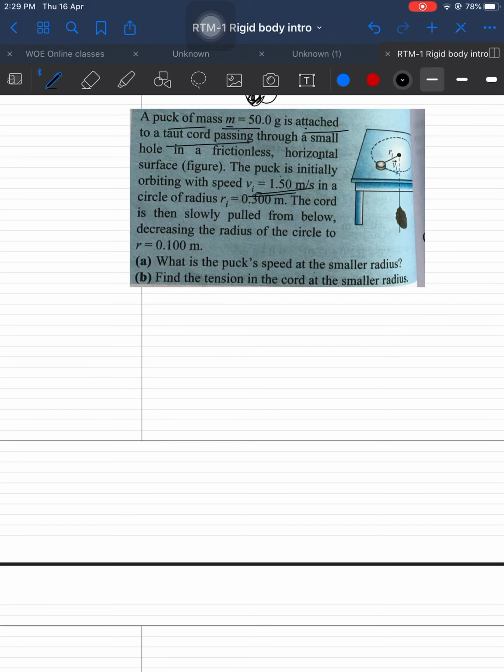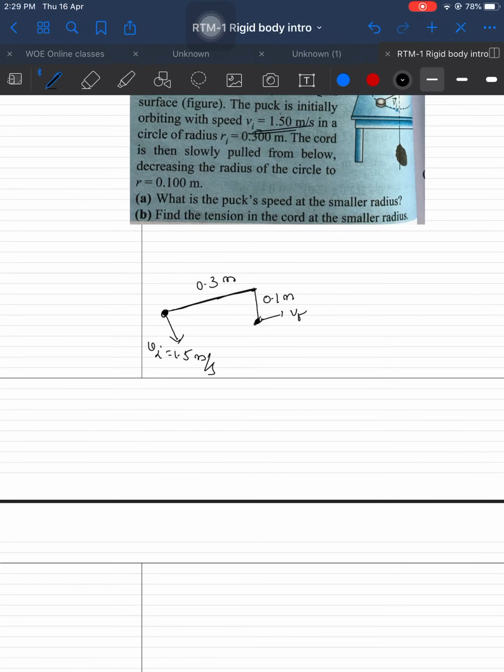When point masses are given, no need to worry about center of mass. vi is 1.5 meter per second, and the distance ri is 0.3 meters. Finally, because of pulling from downwards, it is reduced to 0.1 meter. What is the final velocity vf? As simple as that.